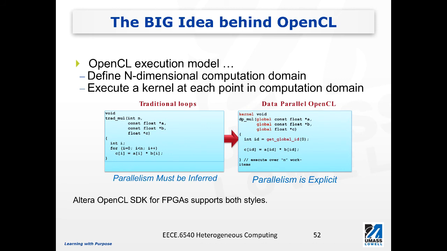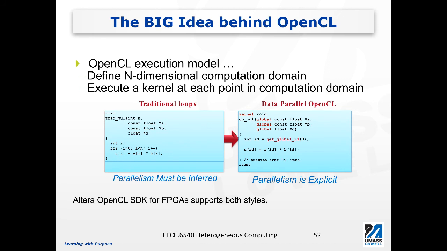Now, what we see here is that in this kernel function, we will first get the global ID of this work item. We break down the whole multiplication process into multiplication on individual elements in the array.